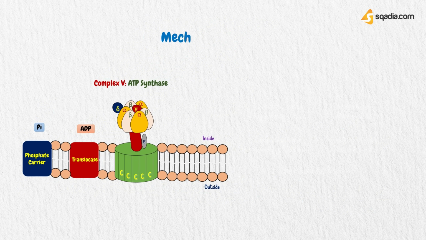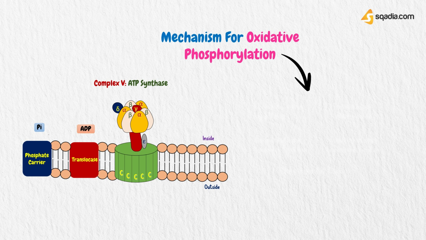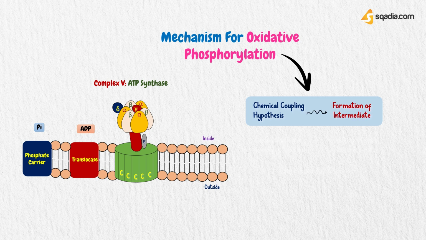3 major proposals for the mechanism of oxidative phosphorylation have been considered. The synthesis of ATP is carried out by a molecular assembly in the inner mitochondrial membrane, which we name as complex 5. First hypothesis is known as chemical coupling hypothesis, in which there is a concept that there is production of high-energy intermediate after electron transport chain that will undergo this process of production of ATP.